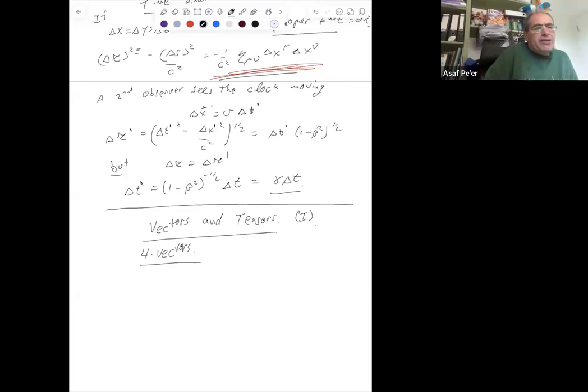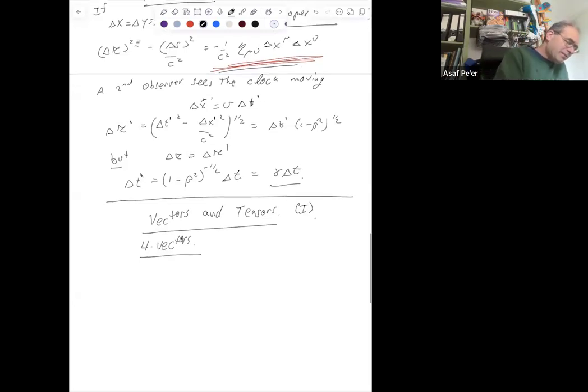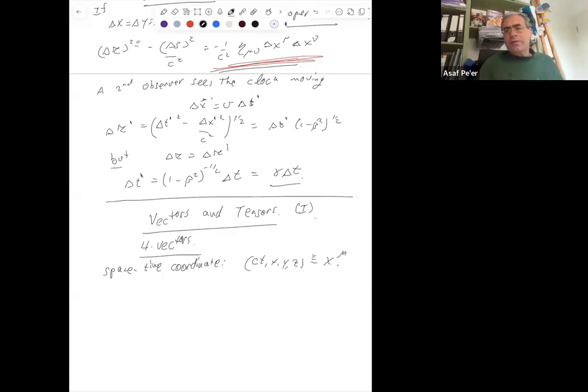So basically, I've introduced the 4-vector of location, right? There is a space-time coordinate, which I wrote as ct, x, y, z, and I wrote them as x^μ. Now we saw that when we make a Lorentz transformation (LT), these coordinates change.